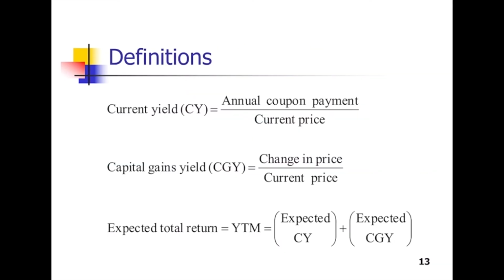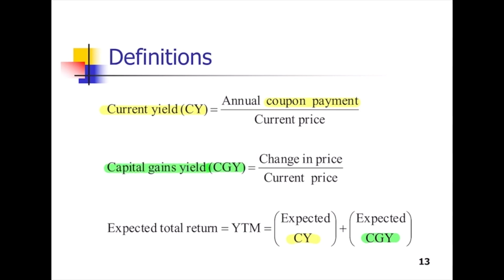Yield to maturity can be decomposed into two parts, the expected CY and expected CGY. The expected CY stands for the current yield. It is about the coupon payment. The second component is the expected CGY, which stands for capital gain yield.